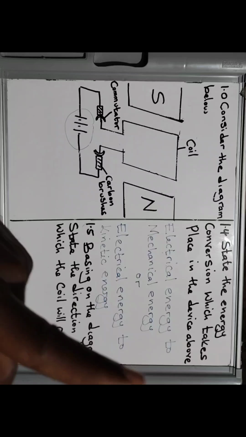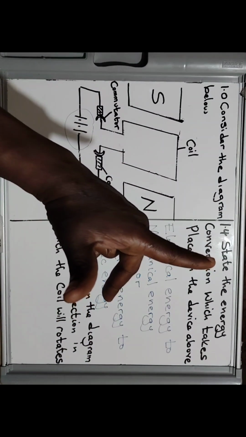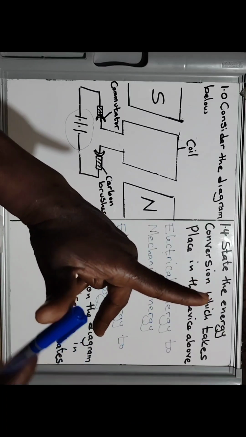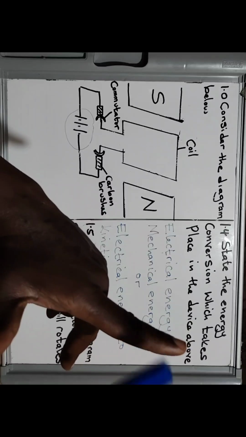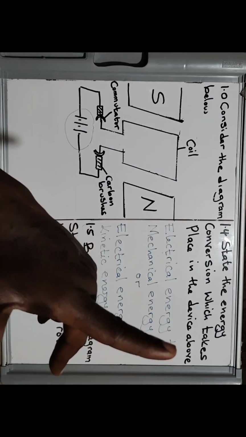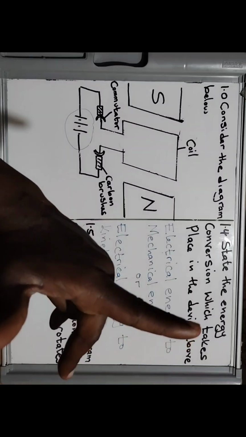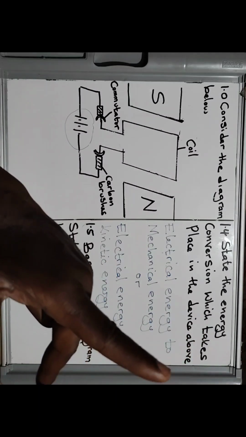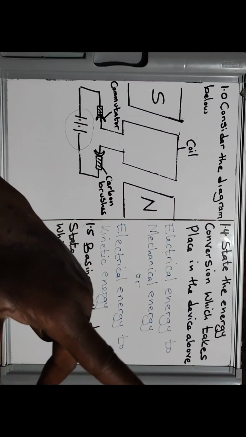In Fleming's left-hand rule, we have three fingers, as we can see them here. We have this thumb representing motion, this first finger representing field, and this second finger representing current.